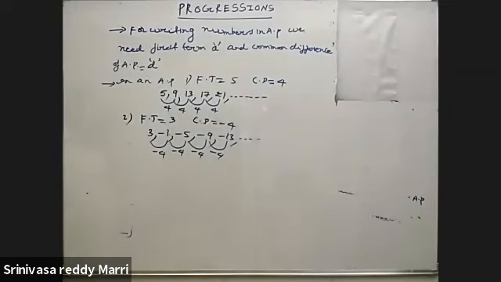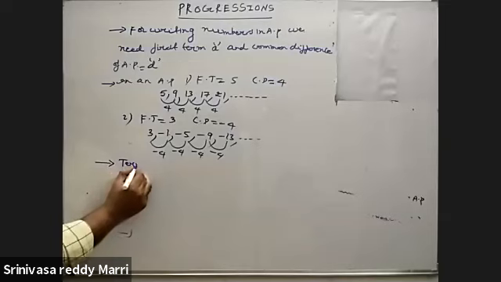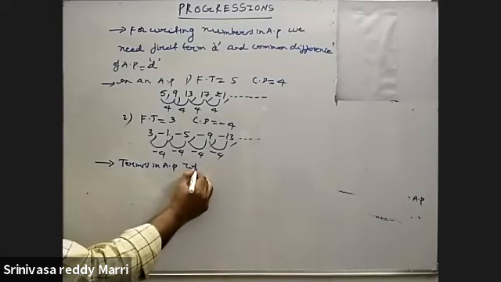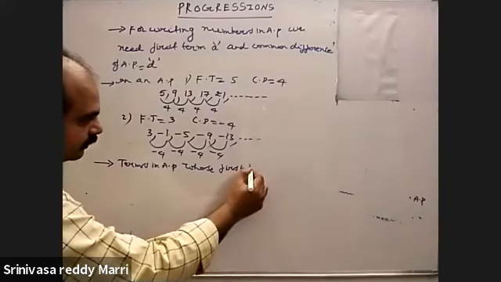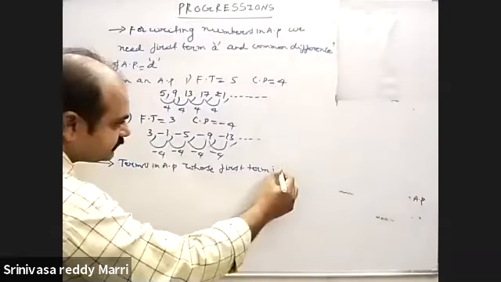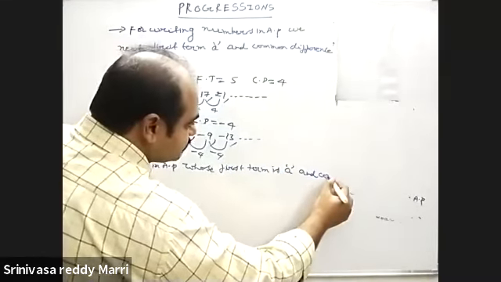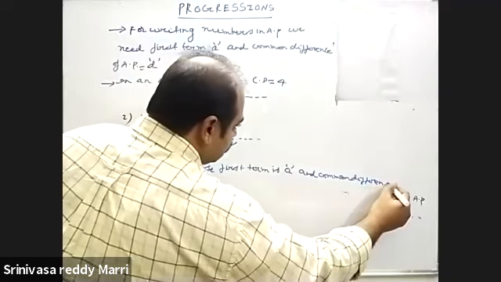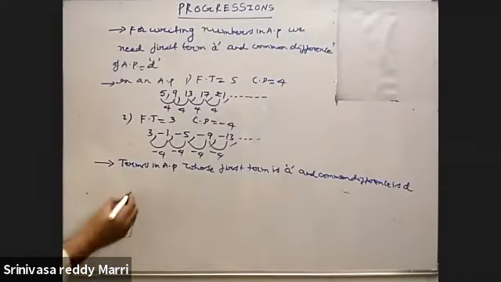To find any term of the AP, look at terms in an AP whose first term is A and common difference is D. Now I am writing the series.